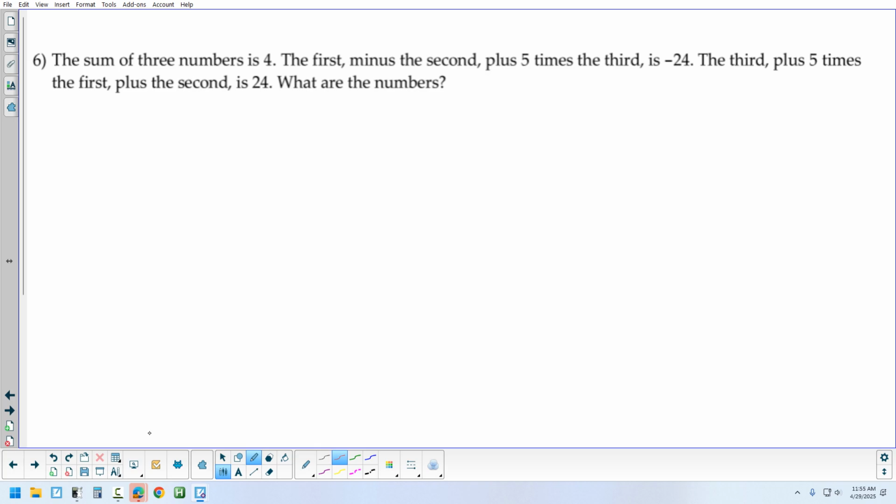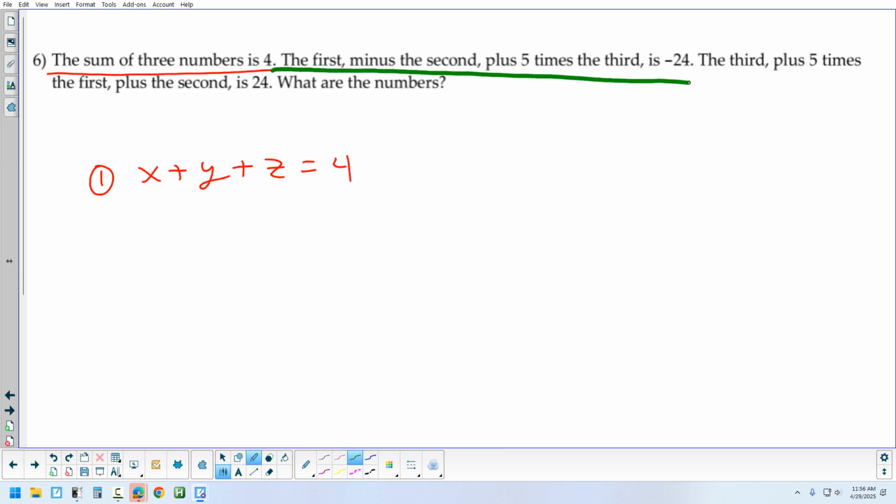The sum of the 3 numbers is 4. How would you write that as an equation? x plus y plus z equals 4. Perfect. There's your first equation. Okay. Second equation.